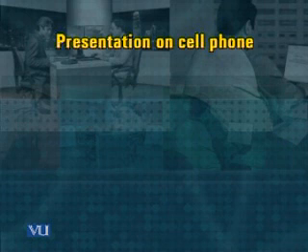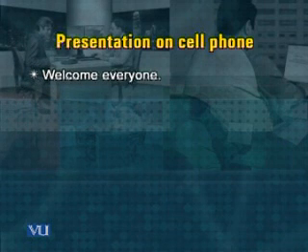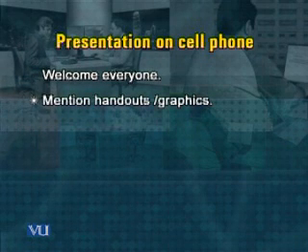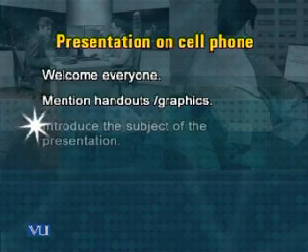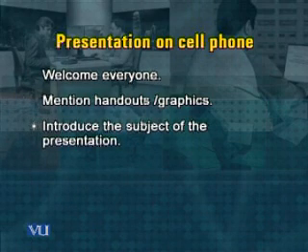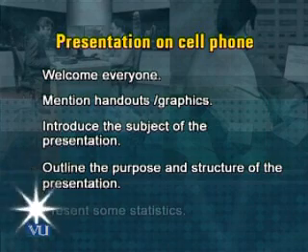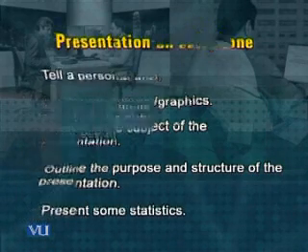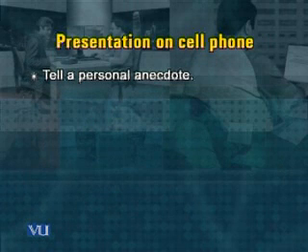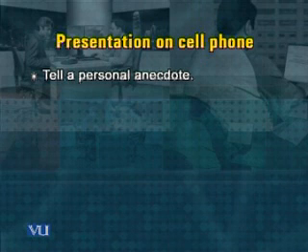So what you do is you welcome everyone in the beginning, mention handouts, graphics if there are any, introduce the subject of the presentation, outline the purpose and structure of the presentation, present some statistics, tell a personal anecdote. Every good speaker does have a personal anecdote just to infuse interest in the audience.